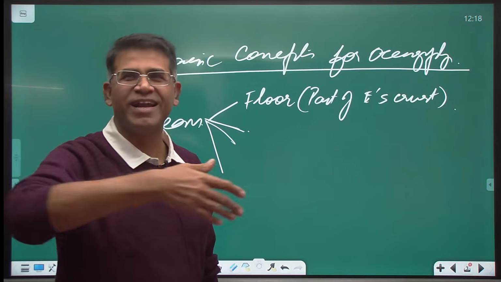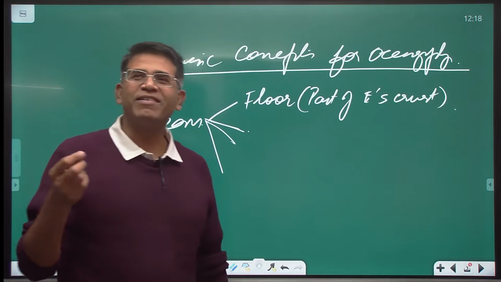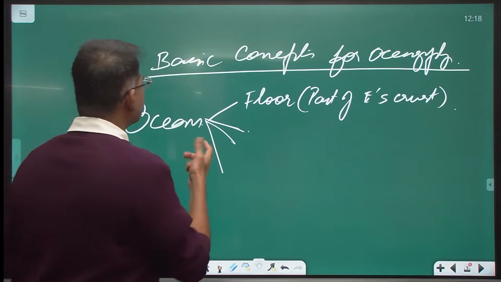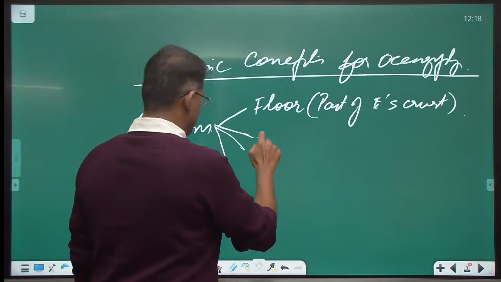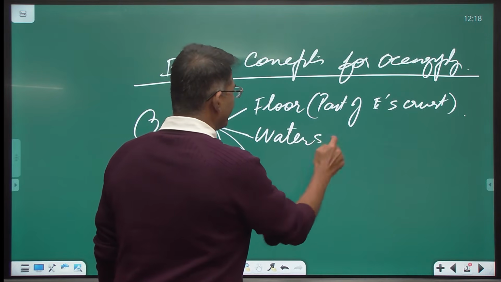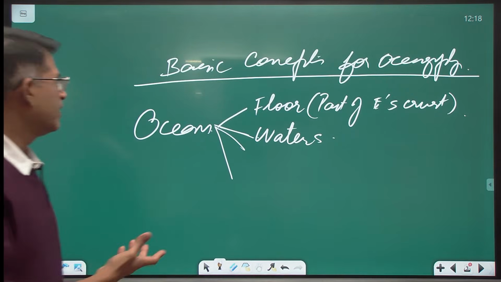Okay, वैसे don't listen to your friends, okay? I'm actually good at handwriting. So one is the floor. Okay, we'll study about the ocean rocks, the ocean landforms. Second is the ocean waters. अब मैं प्रेशर में आ गया. Okay, the ocean waters. The waters have certain properties.